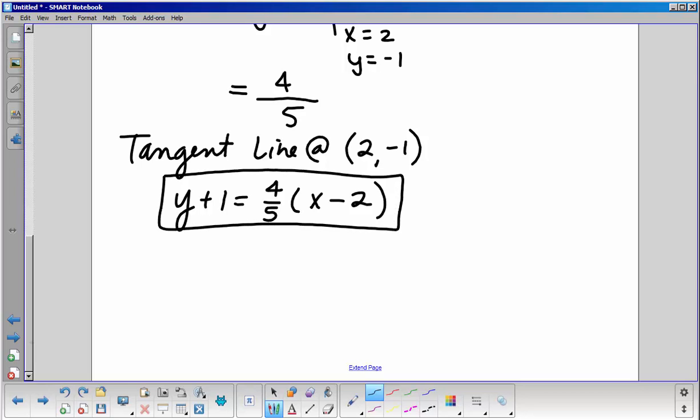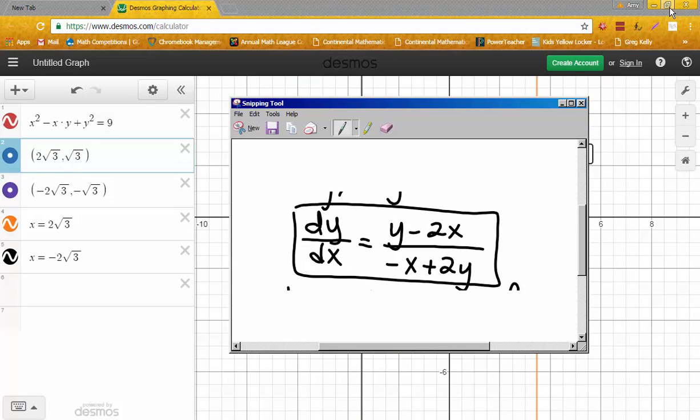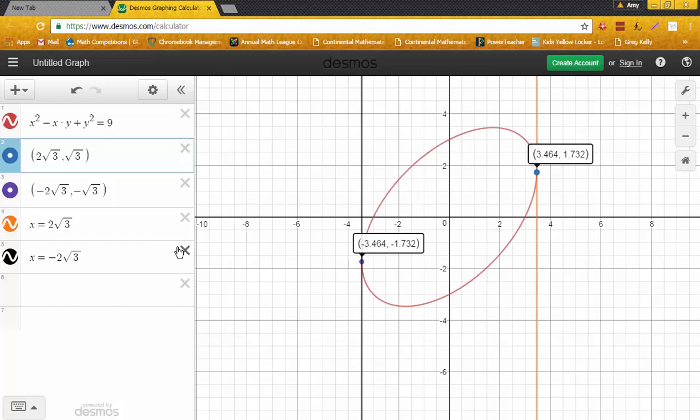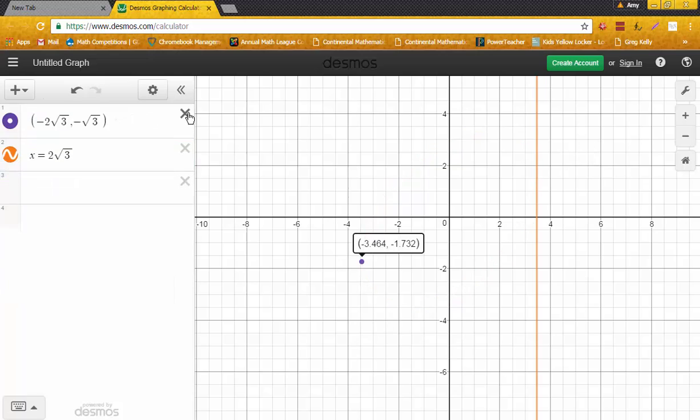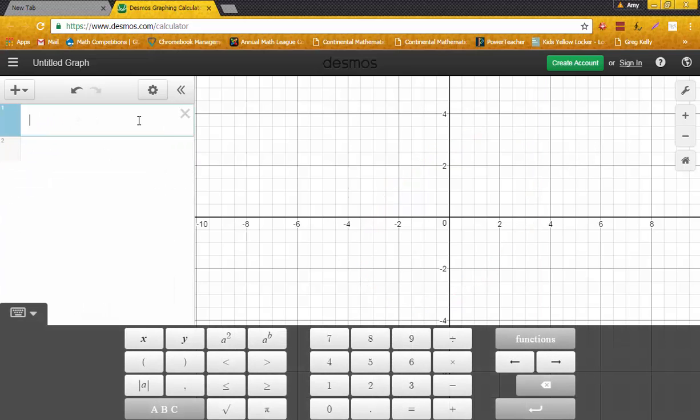So Ted, let's do this on Desmos real quick and then we're done. Minimize that. We don't need any of those. So we get y cubed, you've got the equation right there.